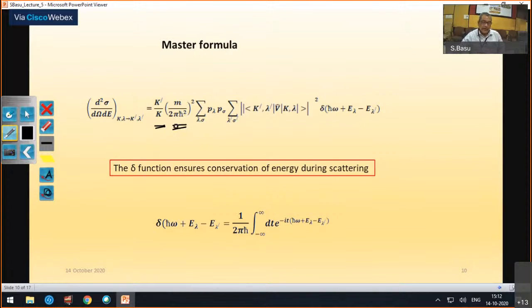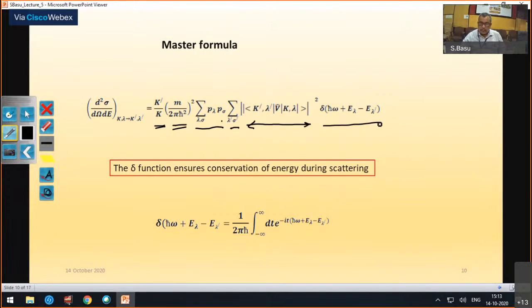This is a numerical factor to just cancel it out, no problem. I have to add up over all probabilities for the initial states of the system and the neutron, and add up also over all the possible final states of the system and the neutron, then the square term, what I showed you, and then the delta function.